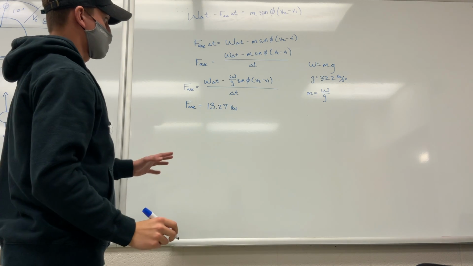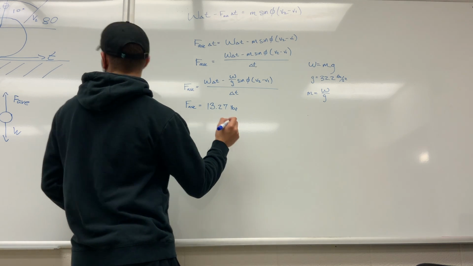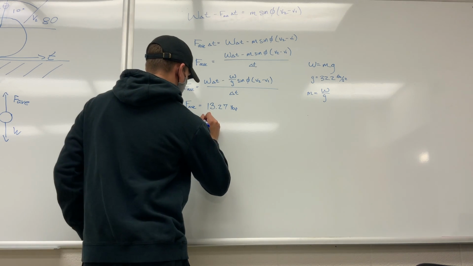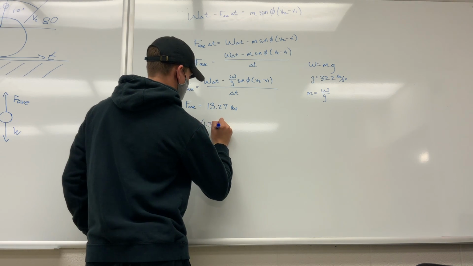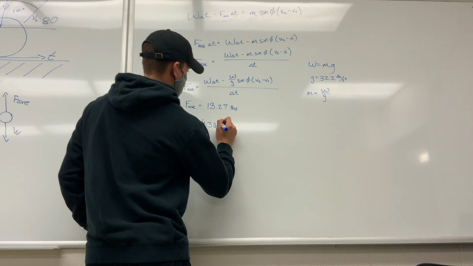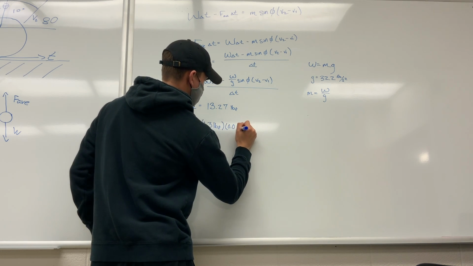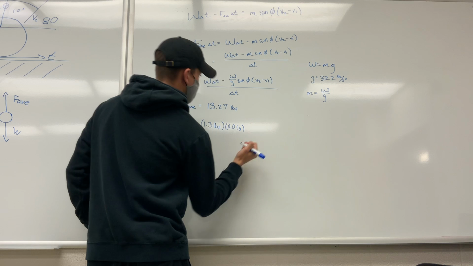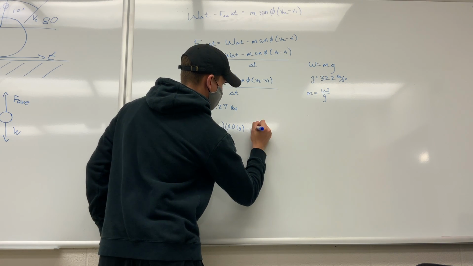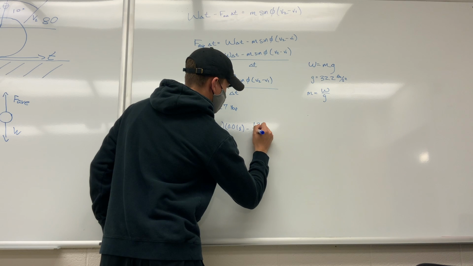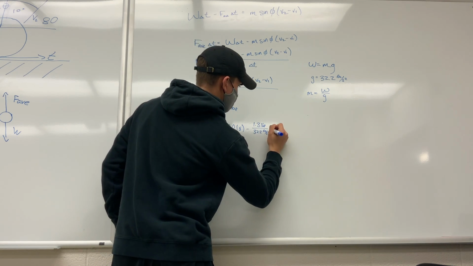Now I'll prove to you that the units end up being 13.27 pound force. I'll plug in all the numbers. So our weight was 1.3 pounds, and that's pounds force, times 0.01 seconds. And we're subtracting 1.3 pound force over 32.2 feet per second squared.